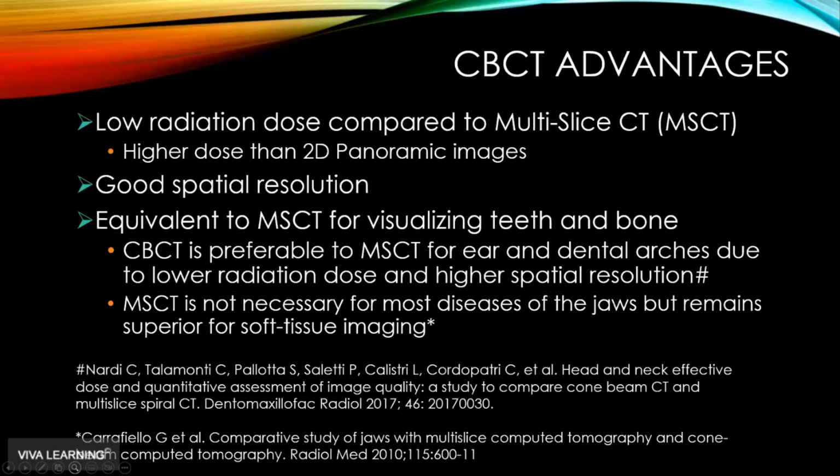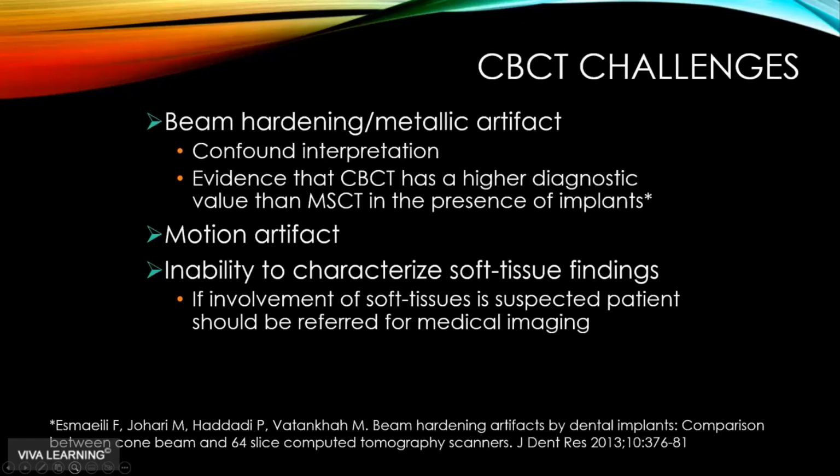So when we look at the challenges of CBCT, one of the things is that we cannot characterize soft tissue findings, right? And in the early days, we could barely see the soft tissue. As the machines are improving, we're starting to see some soft tissue outlines. However, we're not able to characterize the tissue.